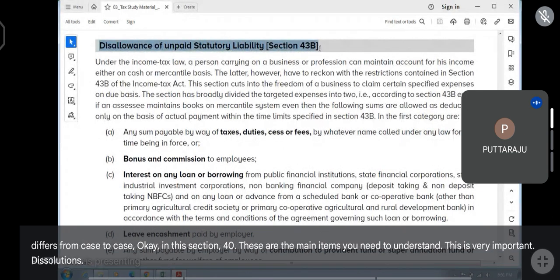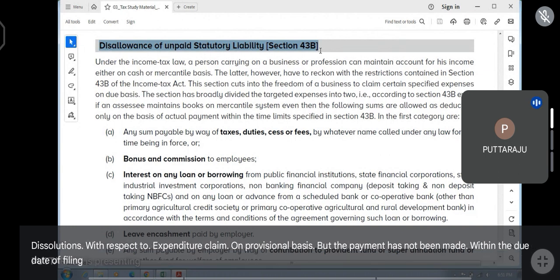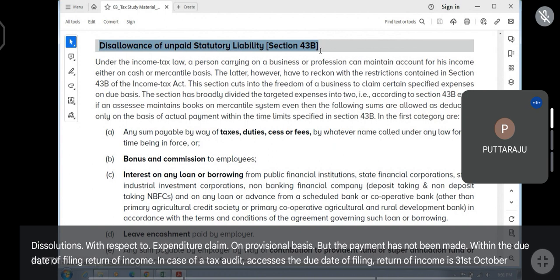Disallowance with respect to expenditure claimed on a provisional basis, but the payment has not been made within the due date of filing return of income. In case of tax audit assessees, the due date of filing return of income is 31st October of every year.